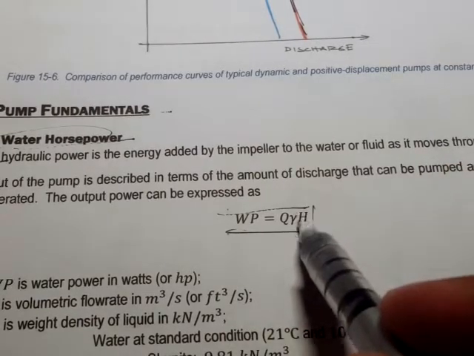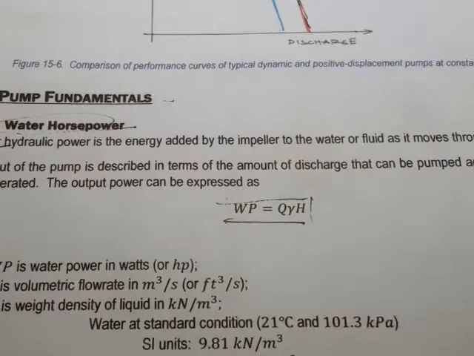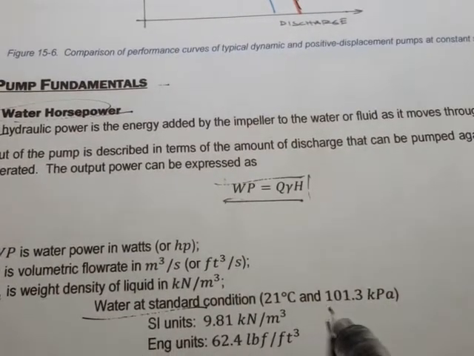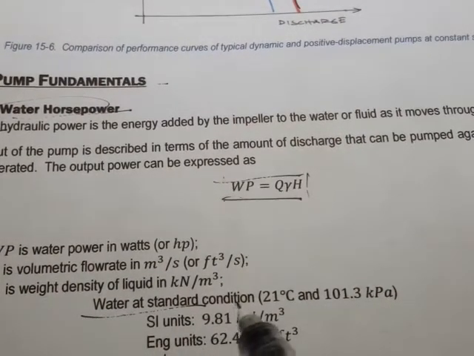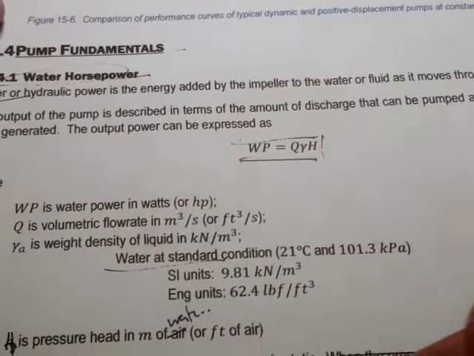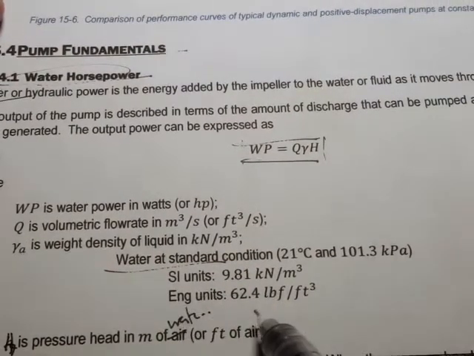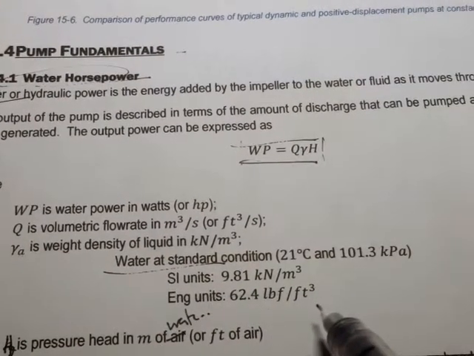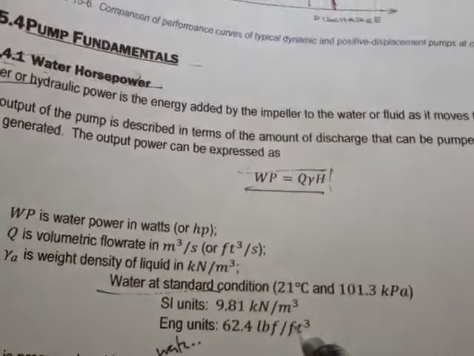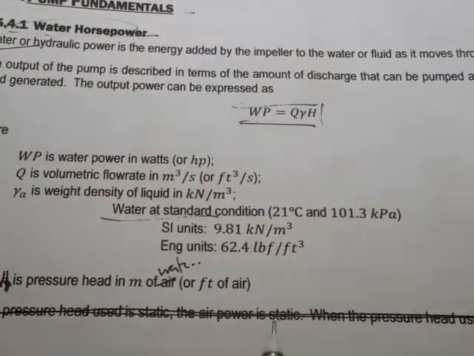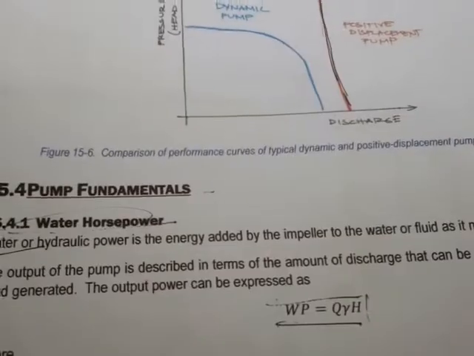And this one is the unit weight of the liquid. If it's water in standard condition, then the SI value is simply 9.81 kilonewtons per cubic meter, and for English units, 62.4 pound-force per cubic foot. Okay, next, let's talk about the pump head or pump pressure.